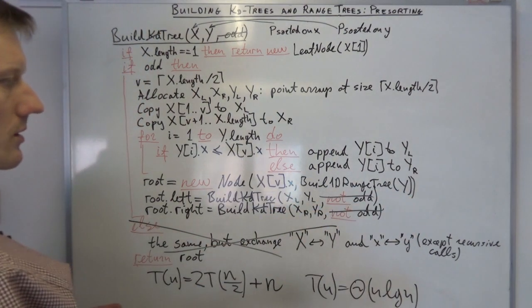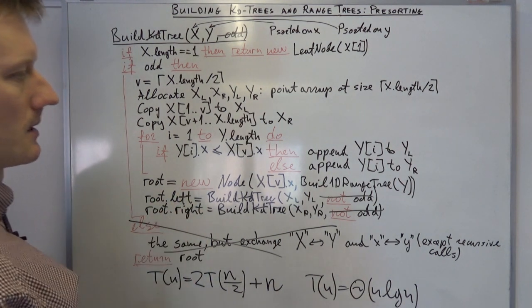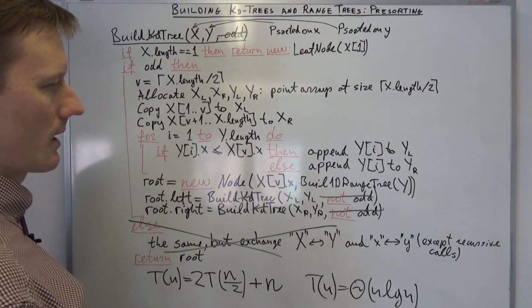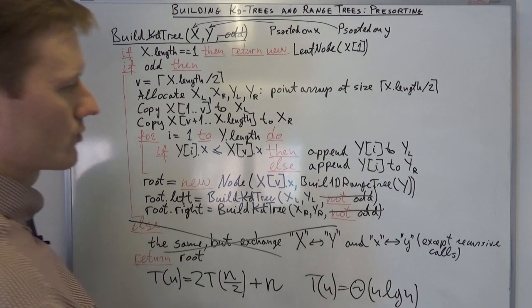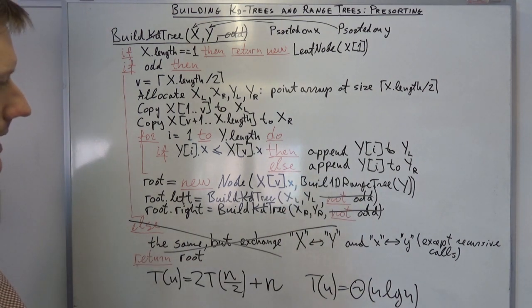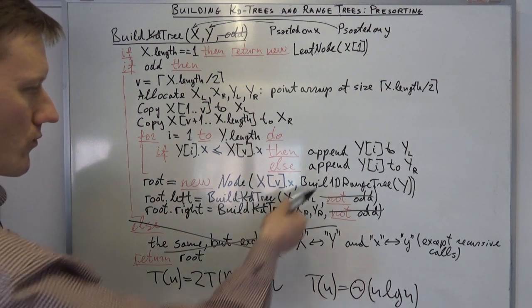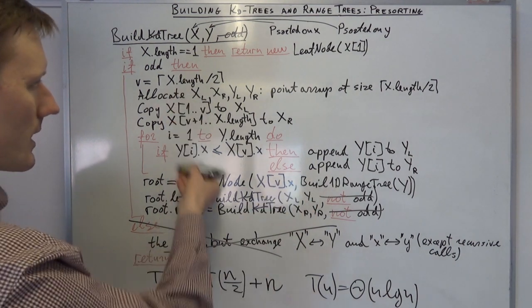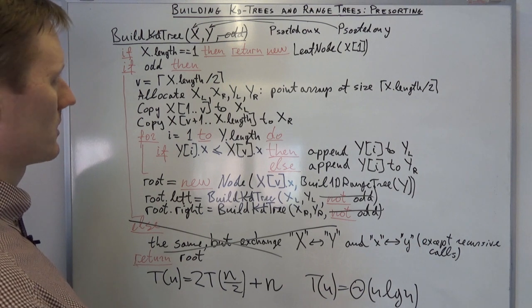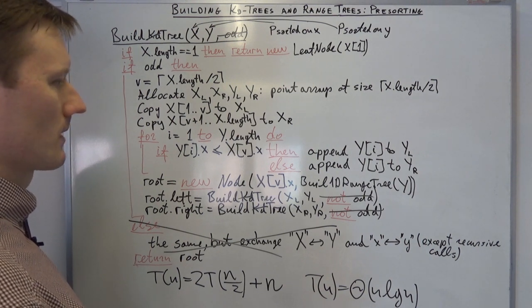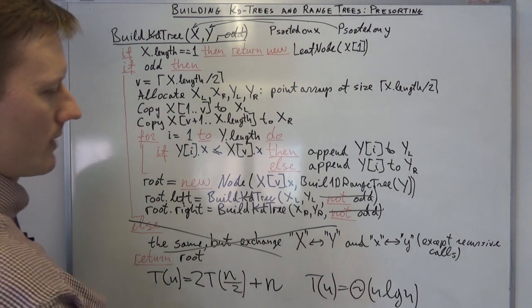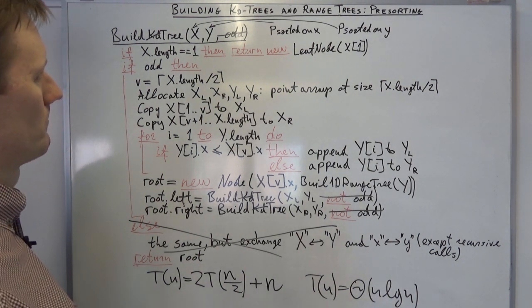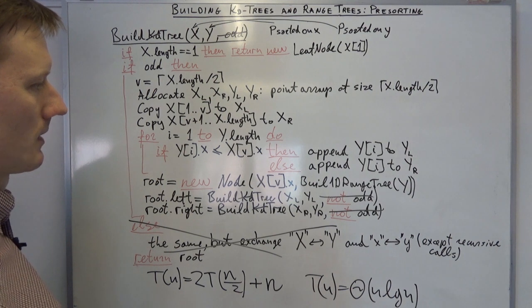If you have a sorted array in Y, you can build up with a simple divide and conquer algorithm a binary search tree or one-dimensional range tree in linear time. So that time would still be linear, everything else would be linear using the same pre-sorting idea, and the recurrence would be the same, and we would have an n log n algorithm to build range trees.